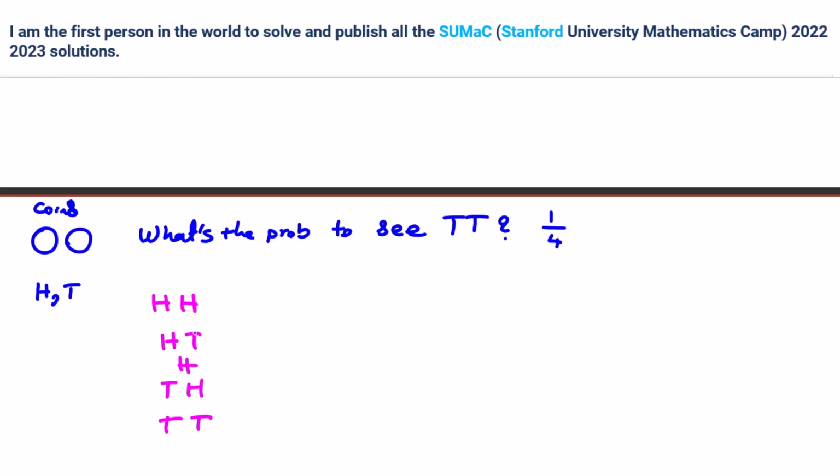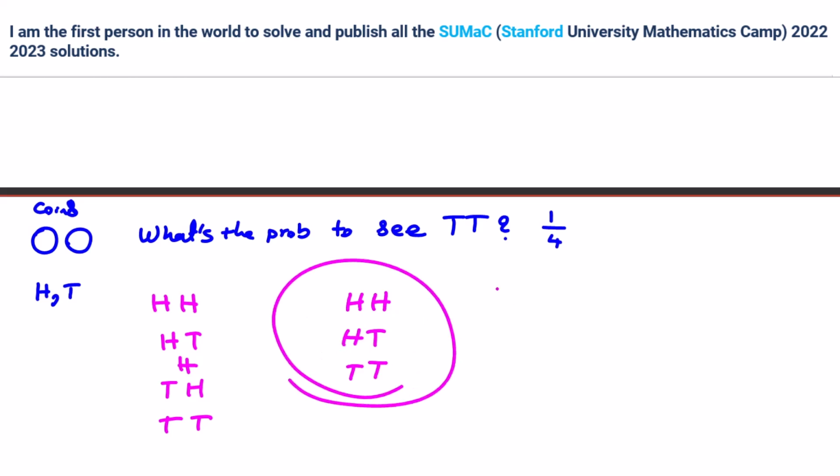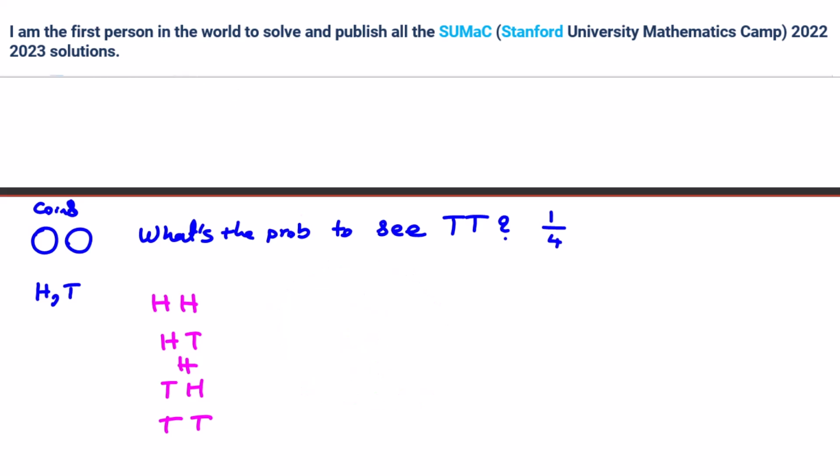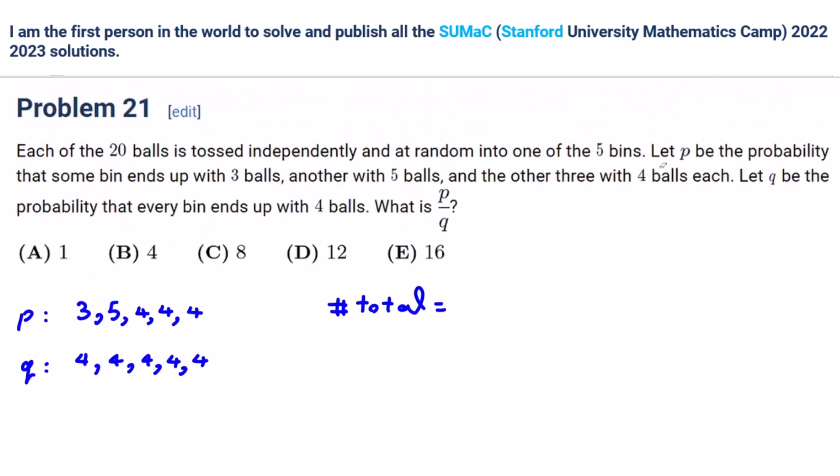Even if the problem doesn't say that the coins are different, you should consider all of them different. But sometimes the problem determines that we consider these 3 as all the cases. Then it would be 1/3, if the problem says so. But in general, you should consider them different. Here, we have the same thing. You should consider all the balls and all the bins are different.